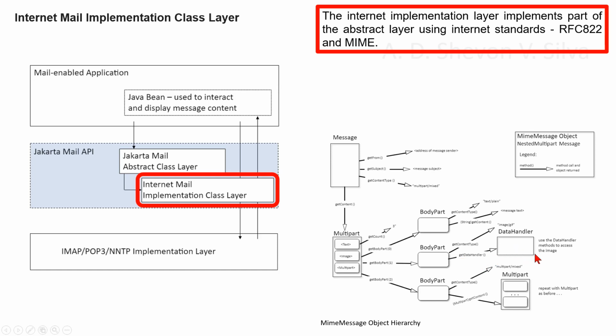Use the data handler methods to access the image. Here getContent returns a multipart, and getContent returns a multipart. Repeat with the multipart as before.